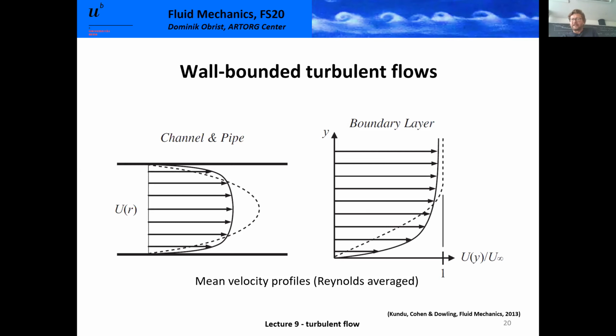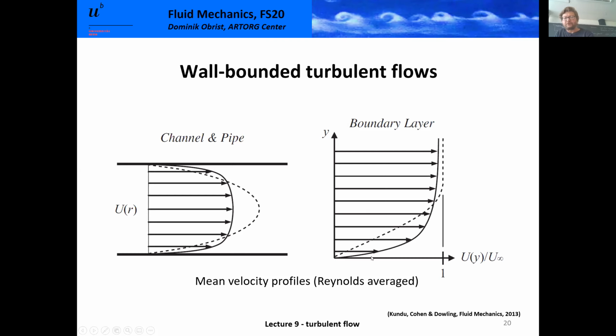Or you can have boundary layers like what you have on the right-hand side, which is, for instance, a Blasius boundary layer. Now, all of these flows can become turbulent by the process we have just discussed. And when we look at the mean component of these flows, so not at the fluctuations, just at the mean, we obtain the curves you see here as solid lines. There's something very characteristic about these mean turbulent flows.